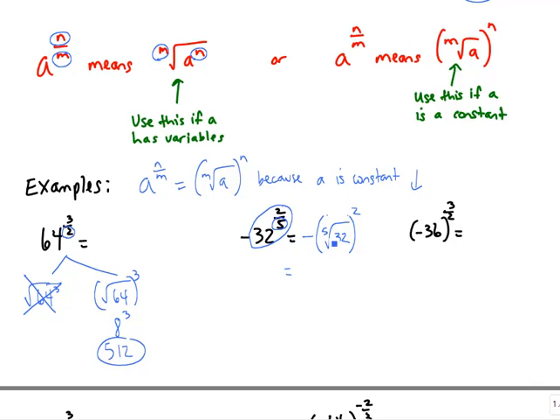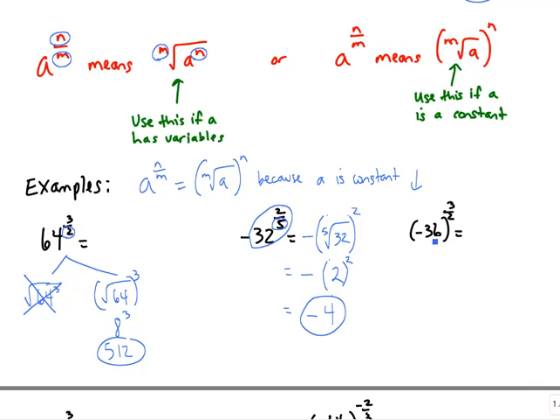So what is the 5th root of 32? What number to the 5th power gives you 32? That's 2. Then we want to square that, and remember that minus sign is going to be the very last thing we do. That's on the outside. So you're just squaring a positive 2, which turns into 4, and the minus stays out front. So our final answer is negative 4.